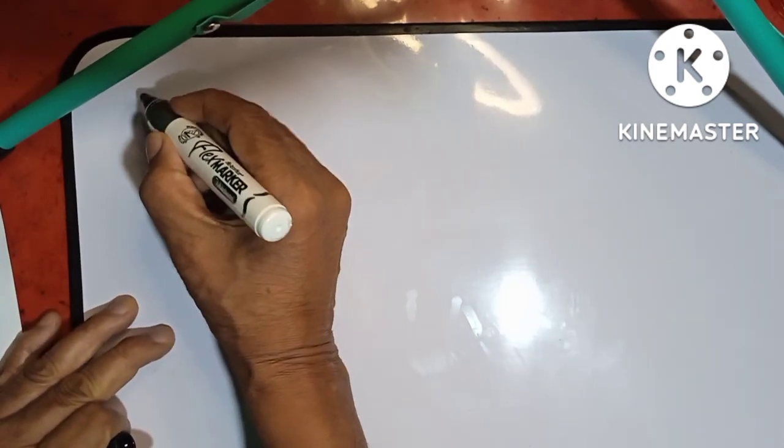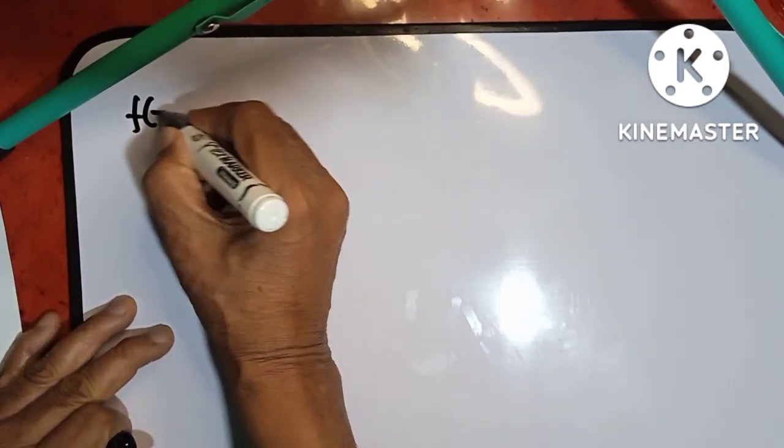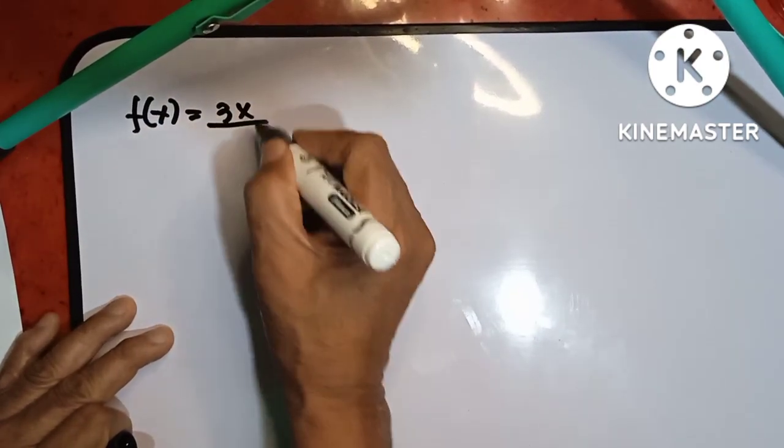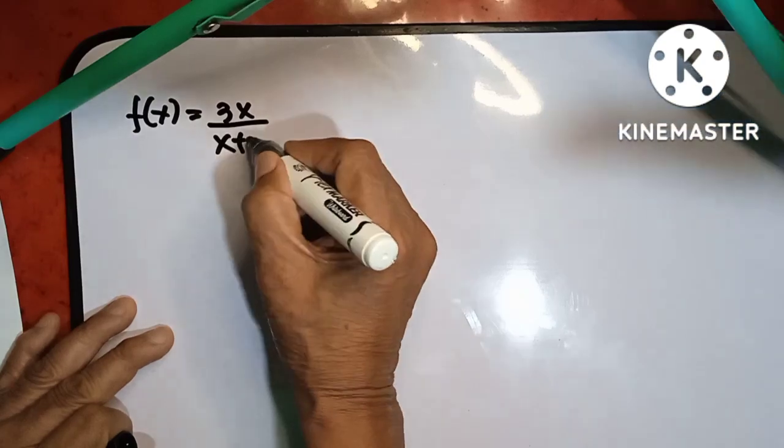In this video, we will discuss the second part of the presentation about the attributes of the rational function. We recall that the function we discussed in the first part was f of x equals 3x over x plus 3.